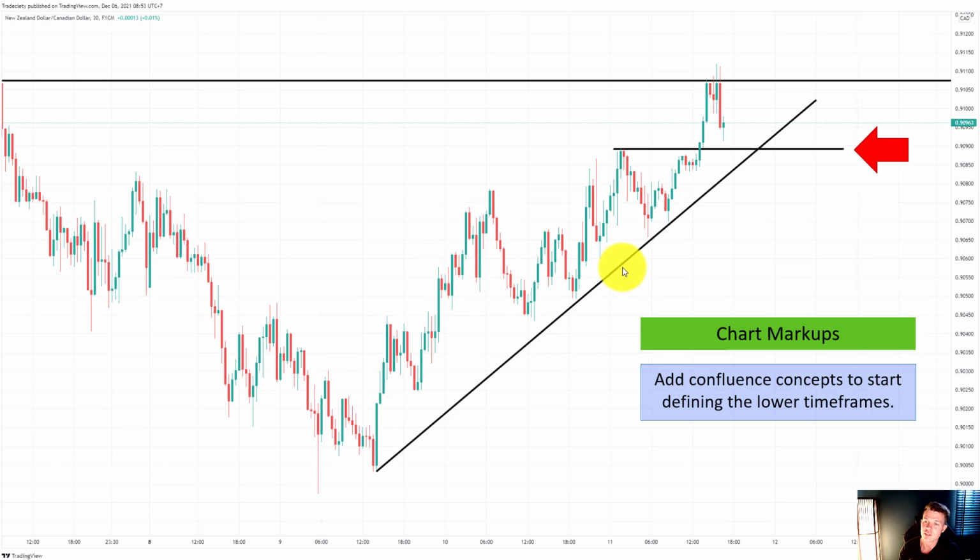However, having 4 touch points on a trend line is already quite good, but we can improve our decision making by looking for other confluence factors, which comes in here with this breakout level or previous flip level. So this is a resistance level, and we're going to use that for additional confluence. We want to make sure that if we want to trade short, because that is the wave 3 direction that we have identified on the higher time frame, we want to see that the market is breaking through the trend line and at the same time also through this flip level.